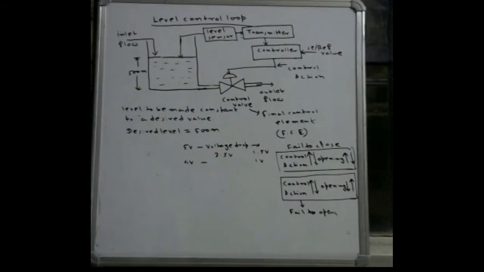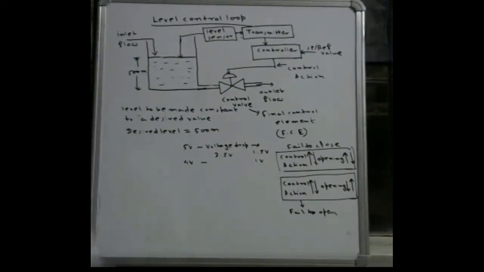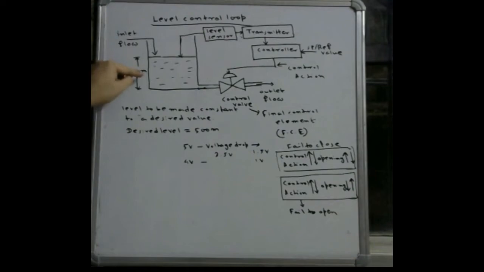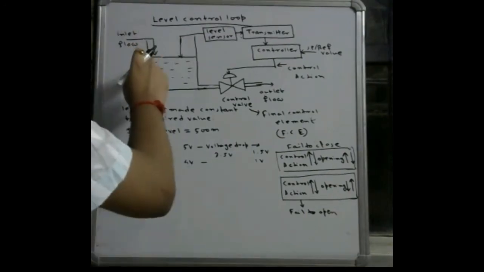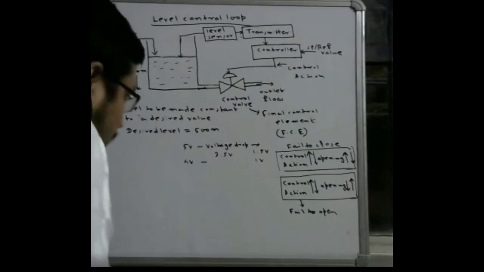Now, what is the convention in this case, or what is the rule to control this process to our desired height, that is 500 meters? That means if the height is constant or remains fixed at 500 meters, then at that time we can say the inlet flow rate must be equal to the outlet flow rate.